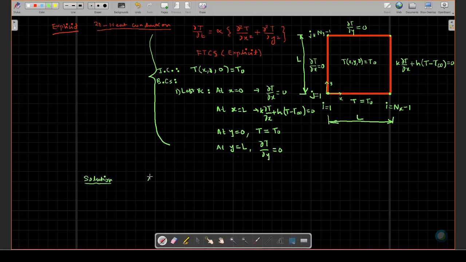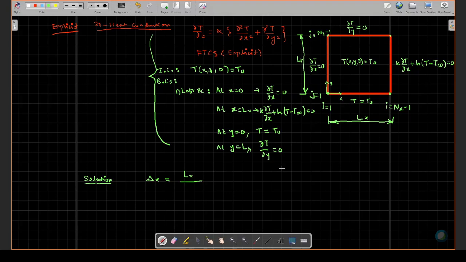Delta x is equal to the length, say this is Lx and this is Ly, divided by the number of points.